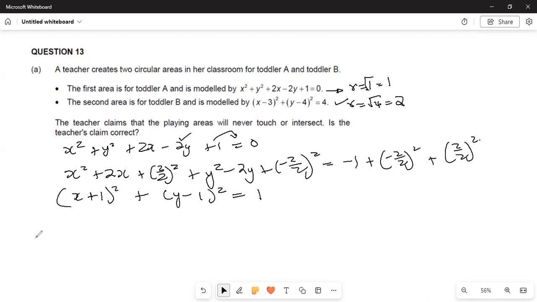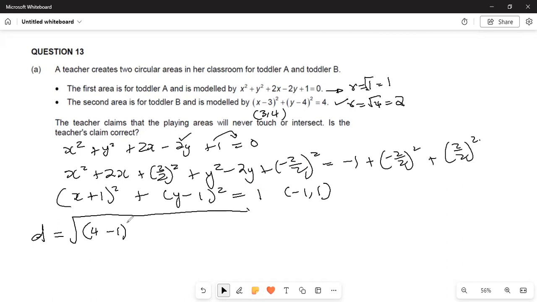Now the distance between the two centers: the center here is going to be (3, 4) and the center here is going to be (-1, 1). So the distance would be the square root of (4 minus 1) squared plus (3 minus negative 1) squared, giving us the square root of 25, which is 5.